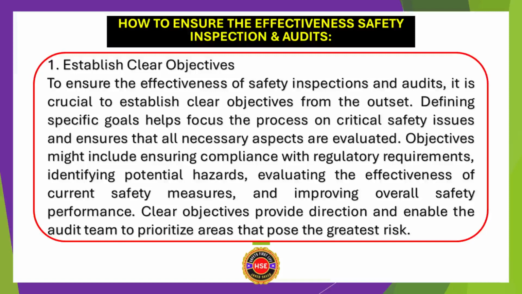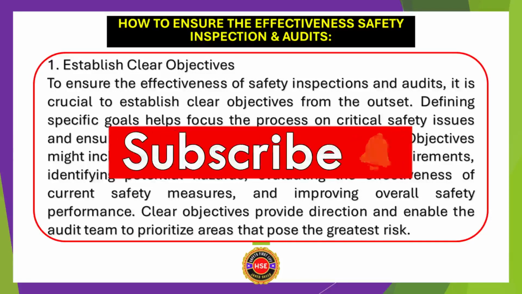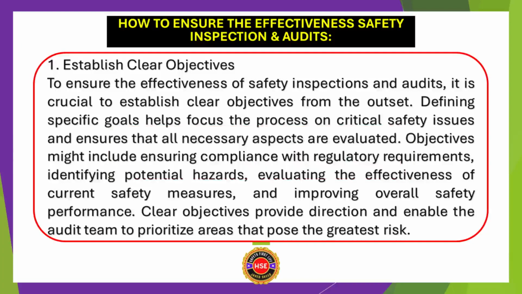Objectives might include ensuring compliance with regulatory requirements, identifying potential hazards, evaluating the effectiveness of current safety measures, and improving overall safety performance. Clear objectives provide direction and enable the audit team to prioritize areas that pose the greatest or significant risk. So the most important point number 1 is, if you would like to make inspections and audits effective, you have to establish clear objectives.